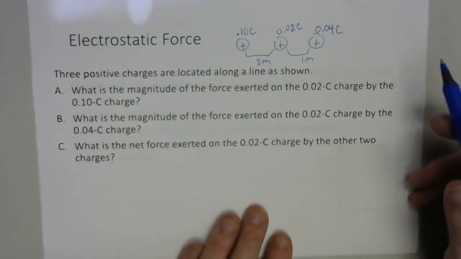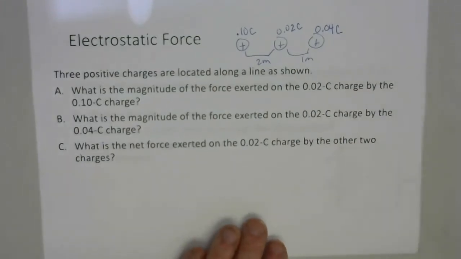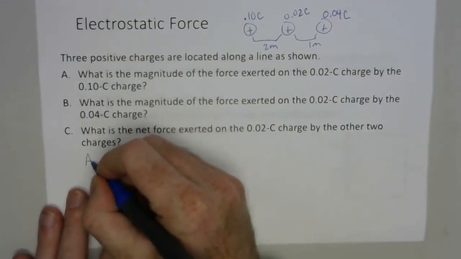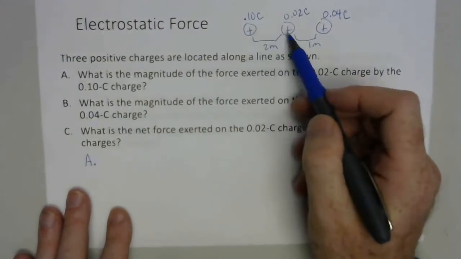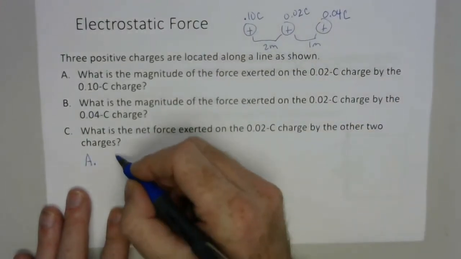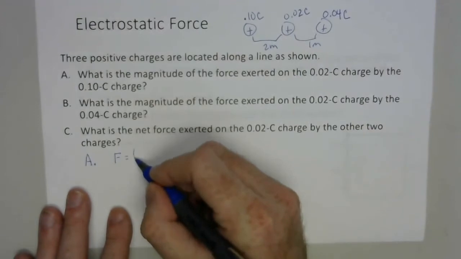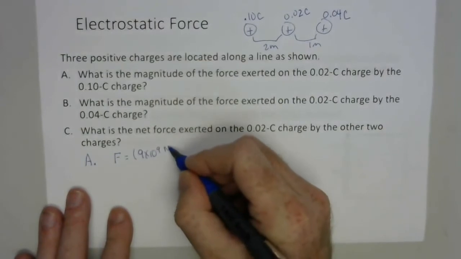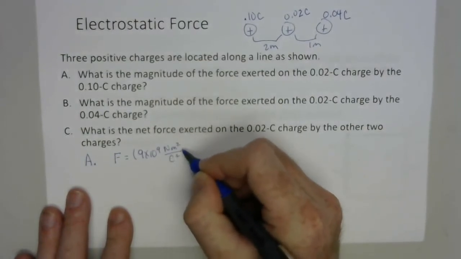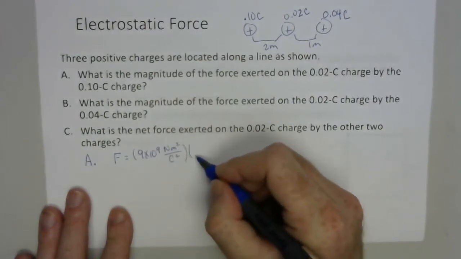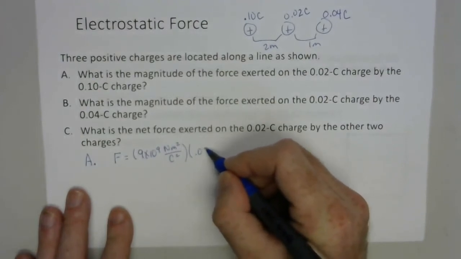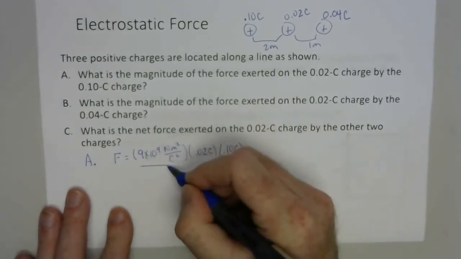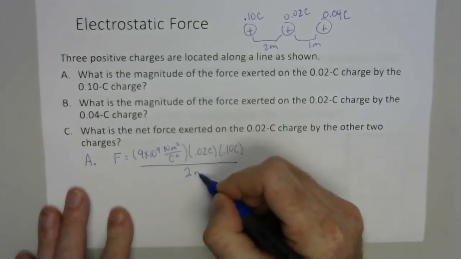So which is going to come into play? So let's look at our options here. So for A, we're going to look at the force of attraction between these two. So the force, use the same equation as the previous problem, 9 times 10 to the 9th newtons meters squared per coulomb squared. We got 0.02 coulombs and 0.10 coulombs divided by 2 meters.